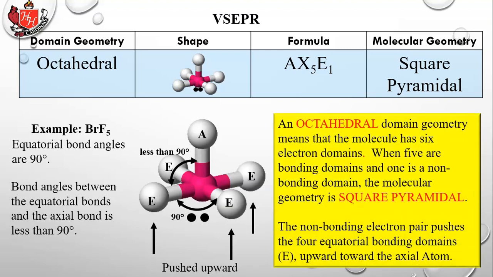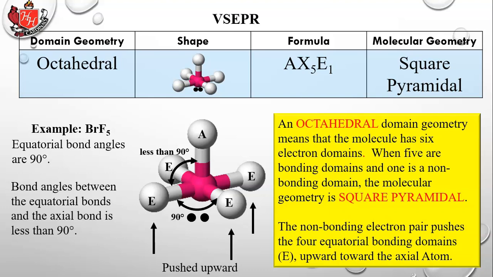So an octahedral domain geometry means that the molecule has 6 electron domains. When 5 are bonding and 1 is non-bonding, the molecular geometry is square pyramidal. The non-bonding electron pair pushes the 4 equatorial bonding electrons upward toward the axial atom. So you can see how lone pairs always push on bonding pairs of electrons. In this case, it's pushing them from the bottom upward.